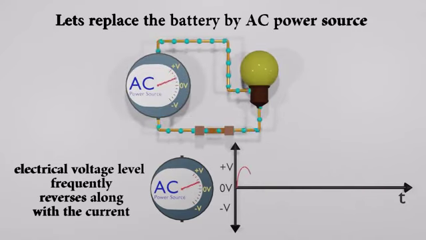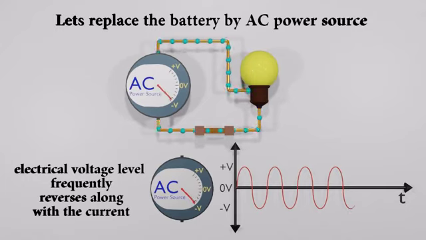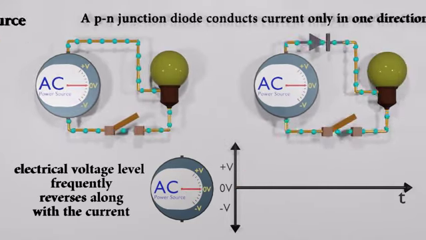When AC power is applied to a common incandescent lamp, it turns on and off repeatedly like this, but this happens so fast that we can't see the process. Let's see what happens after adding a diode into the circuit.